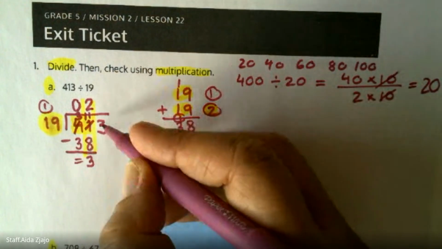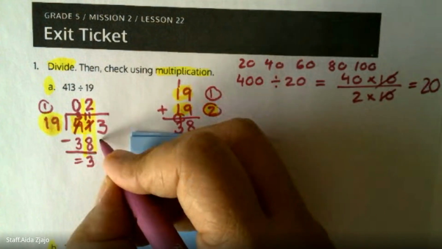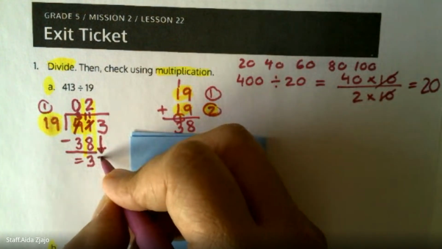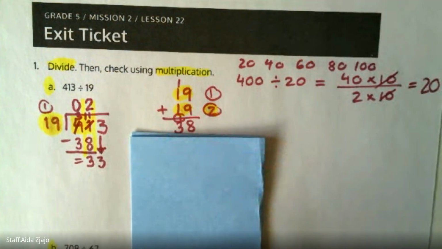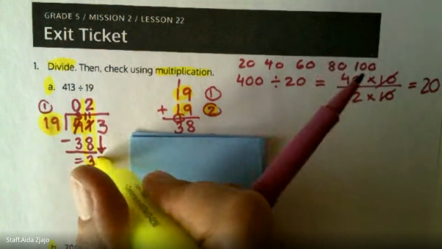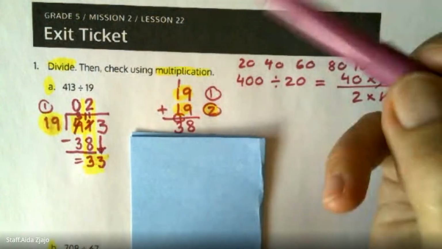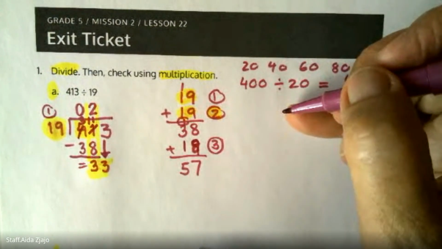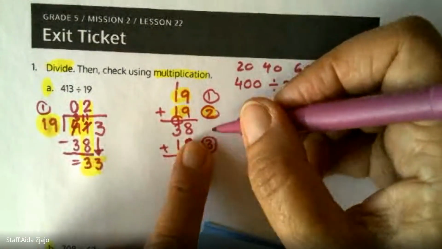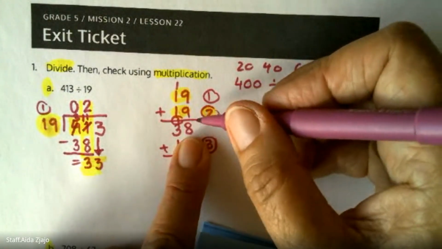So now I'm not done with all the numbers. I have to bring down the 3. And now I'm asking myself, how many 19s are in 33? Again, you can look at your calculation and say, okay, 3 groups are too much. Even 2 groups are too much.